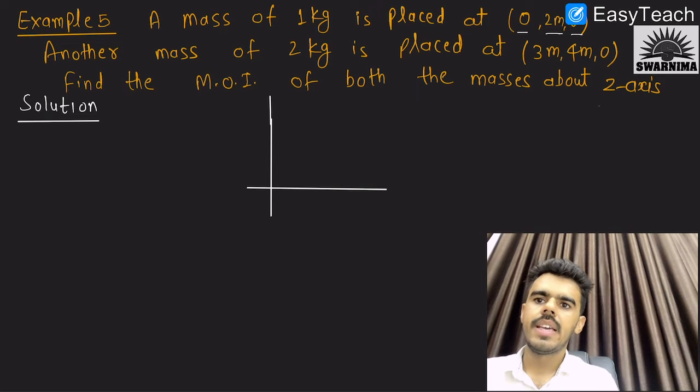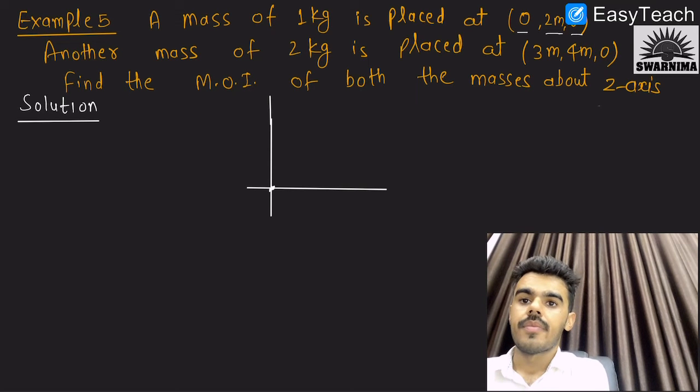So 1 kilogram is placed at (0, 2, 0), which means the x coordinate is 0, and the y coordinate is 2 meter, and the z coordinate is 0, so this is the point where 1 kilogram is situated.